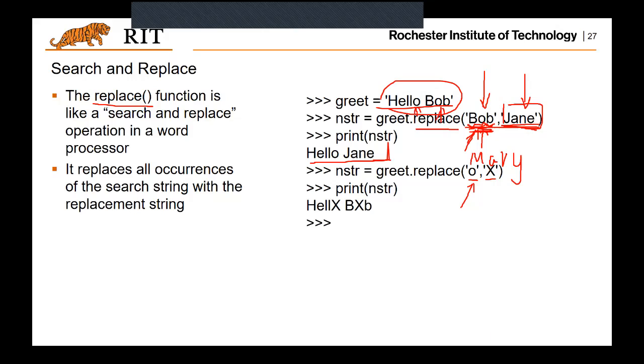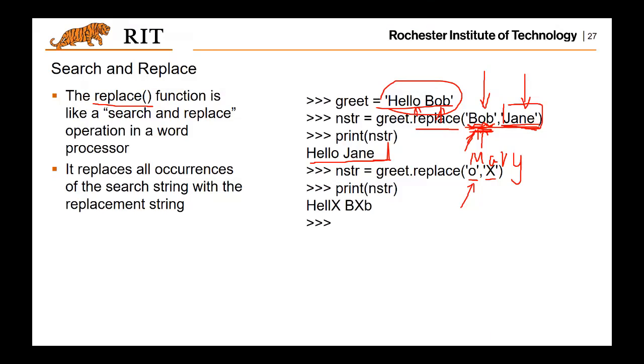Also, it's a very, very useful function, right? I think if you ever use Microsoft Word, when there is a very long document, and you use some name, a word, all throughout the whole document, but you want to change it, you want to replace it with something else, then you could simply use the replace function Word provided.